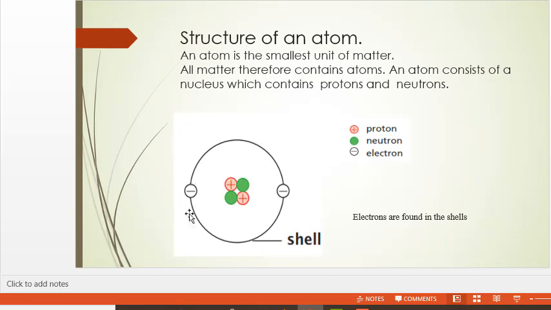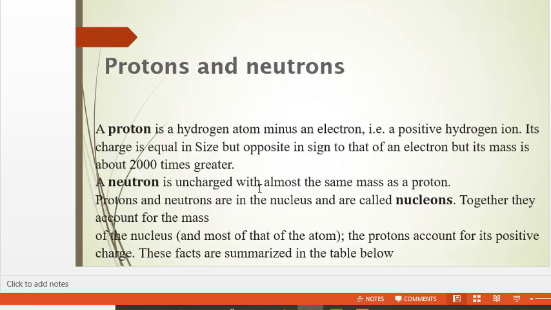So from here we can see that the charge of the nucleus is contributed only by the protons, since the charge of neutrons is 0. And in terms of mass, the mass of a neutron is the same, equal to the mass of a proton.